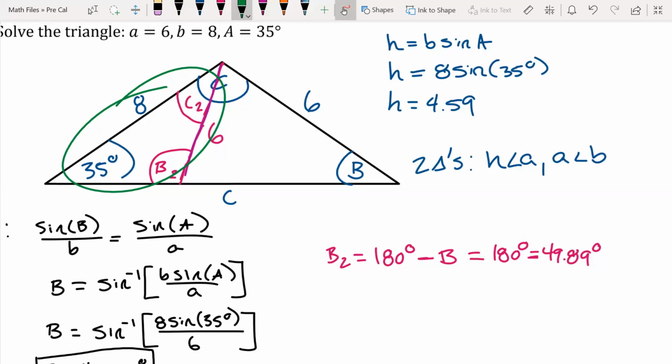The reasoning is a little complicated, because angle A plus angle B have to be less than 180, so whatever's inside has to be less than 180. To get the other angle, you just subtract it from 180.